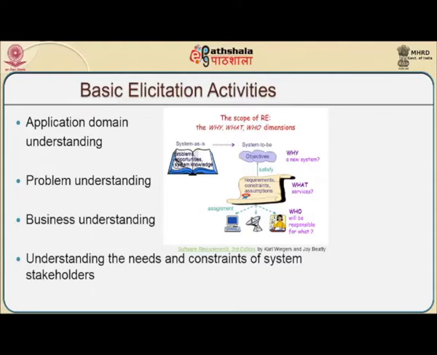So the application domain understanding gives us knowledge of the general area where the system is to be applied. So application domain gives a clear understanding on where the system has to be applied. And problem understanding gives us a clear intention of the details of the specific customer problem, where the system will be applied and must be understood.